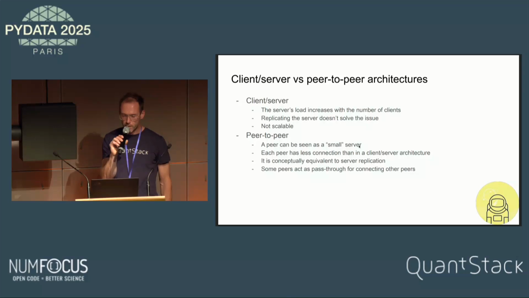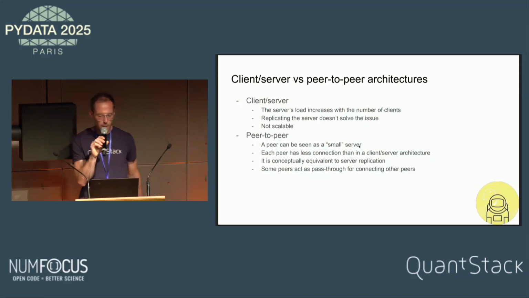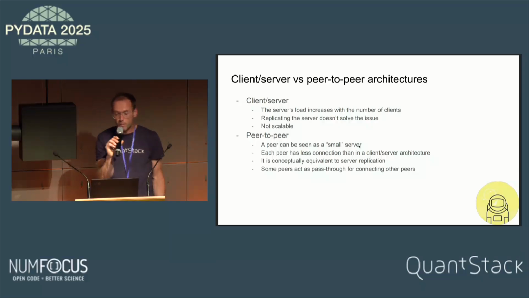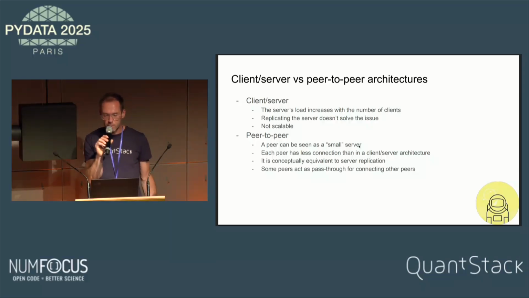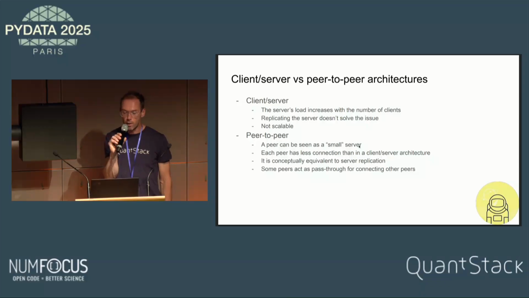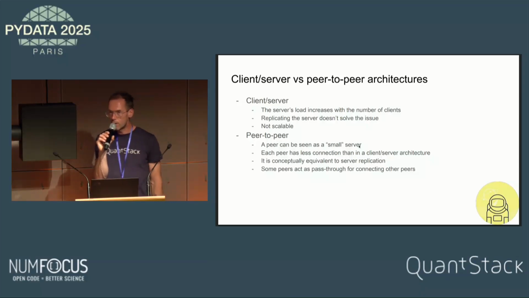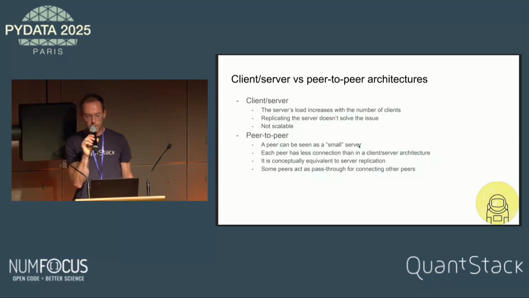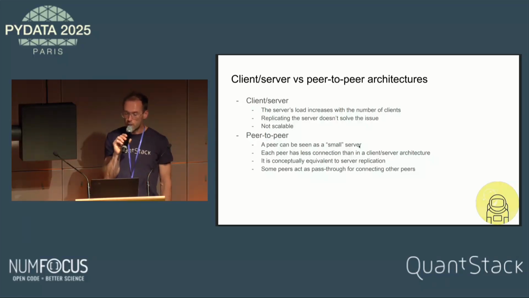Peer-to-peer is interesting in this situation because a peer can be seen as a small server connected to one or two other clients, as we've seen in the line topology, but obviously not all clients, as in the star topology.